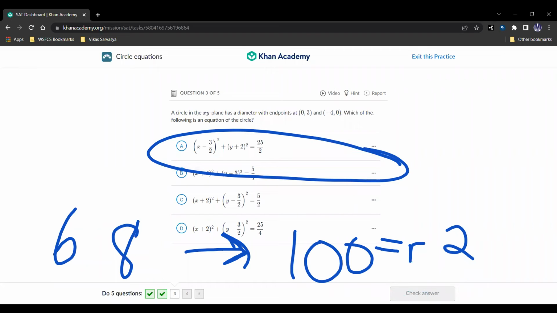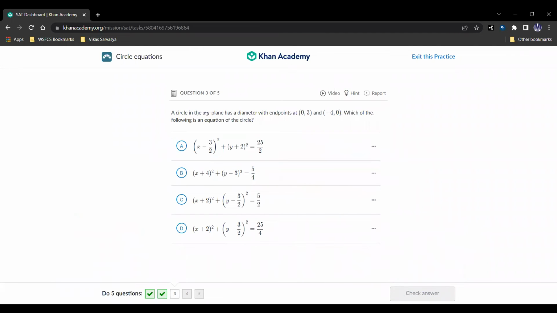A circle has a diameter with endpoints at (0, 3) and (-4, 0). All right, you have to drill. Find the midpoint: (-2, 3/2). So (x + 2) squared plus (y - 3/2) squared, and then the radius of this. Well, the diameter we see between (0, 3) and (-4, 0).